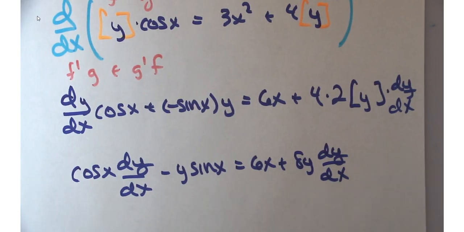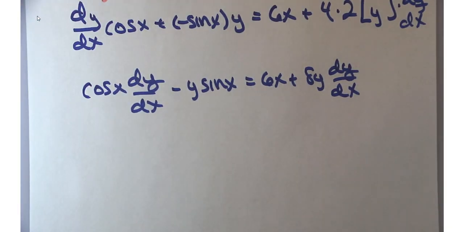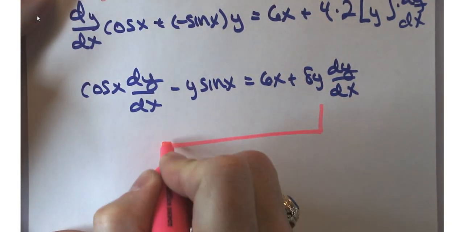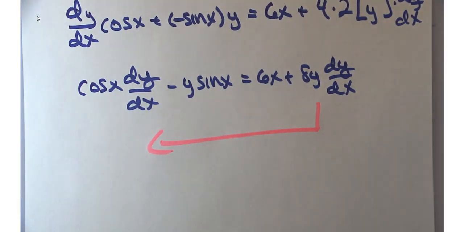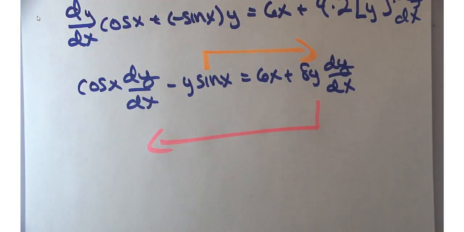Your choice. There's no perfect answer. Left-hand side? All right, left-hand side. So that means I'm going to move that term to the left-hand side. Since this one doesn't involve a dy by dx, I'm going to move it to the right-hand side. And we're going to get some sign changes.